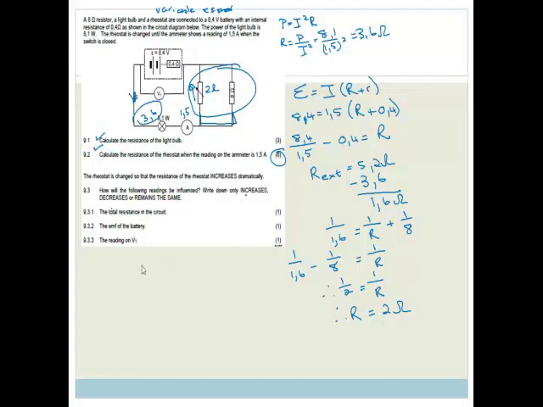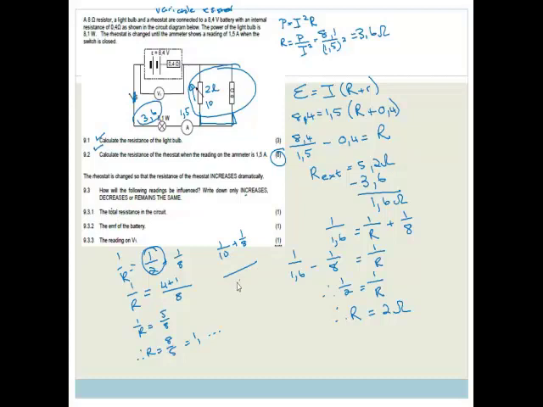Let's say, for example, I've got 1 over 2 plus 1 over 8, which is 1 over R. The common denominator is 8, so that is 4 plus 1. So 1 over R is 5 over 8. Therefore R is 8 over 5, which is 1 point something. Now let's say we dramatically increase the resistance to 10 ohms. So now we've got 1 over 10 plus 1 over 8.